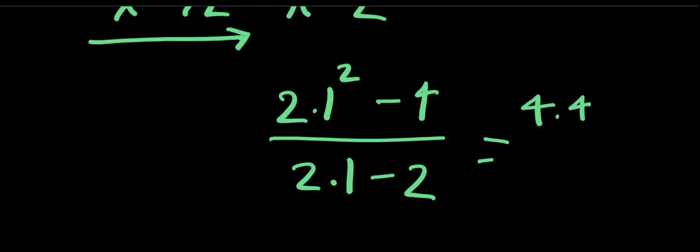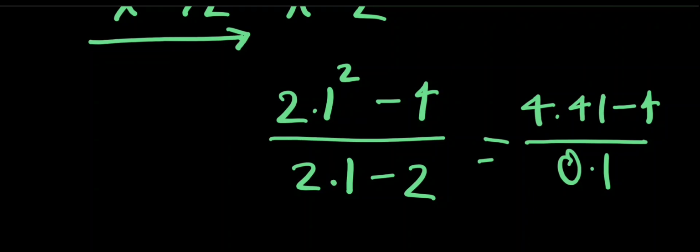divided by 2.1 minus 2. This is equal to, let me just plug it in my calculator, 2.1 squared equals 4.41. Minus 4 over 2.1 minus 2 is just 0.1.